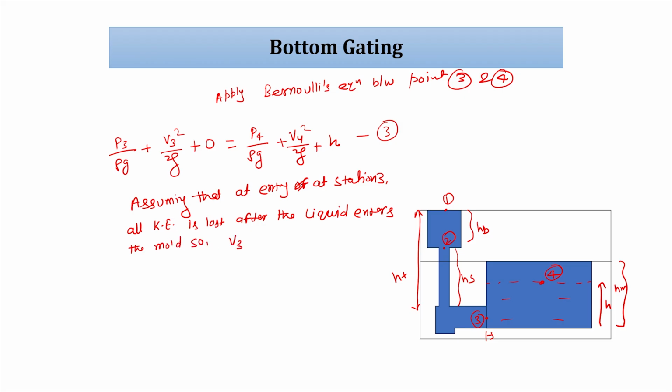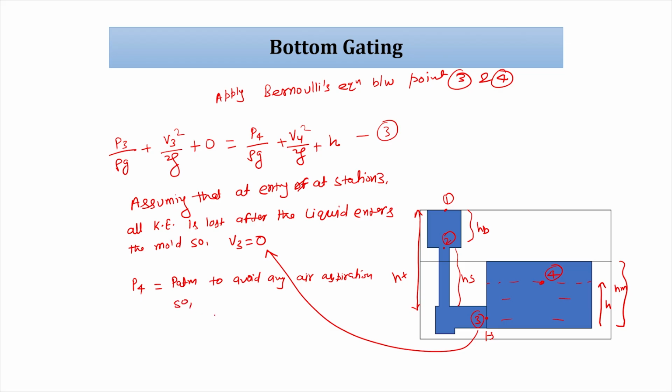So, V3, we are saying, at the entry of station 3, all kinetic energy is lost after the liquid enters the mold. What will happen? The kinetic energy, V3, becomes 0 and is converted to pressure head energy. Obviously, we assume P4 equals P atm to avoid any air aspiration.